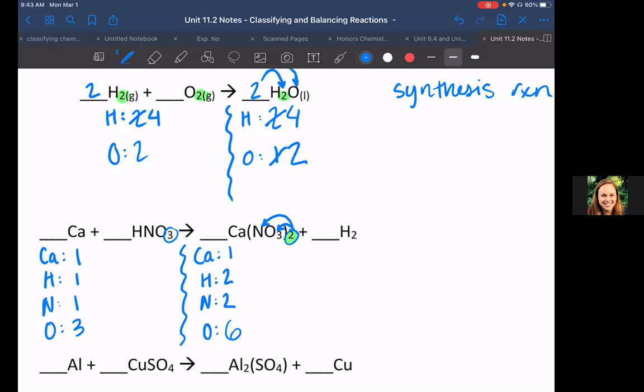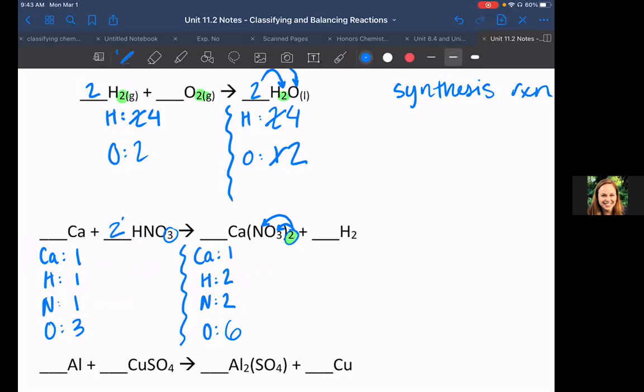So the first difference I see, I usually just start from the top of whatever I start with. So calciums, those are good. Hydrogens aren't equal though. We have 2 on the right-hand side and only 1 on the left. So I'm going to find the species with hydrogen. That's HNO3. And I'm going to put a 2 in front of it.